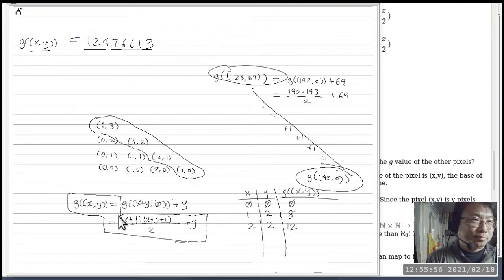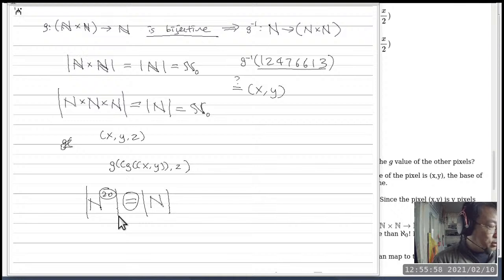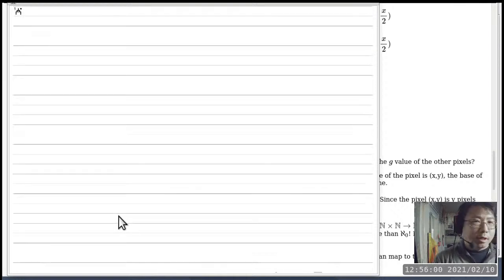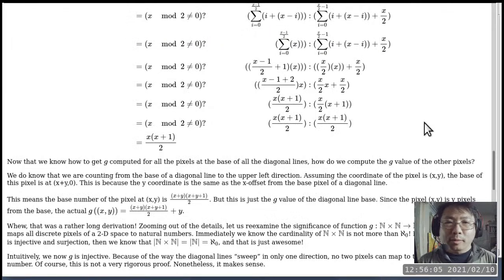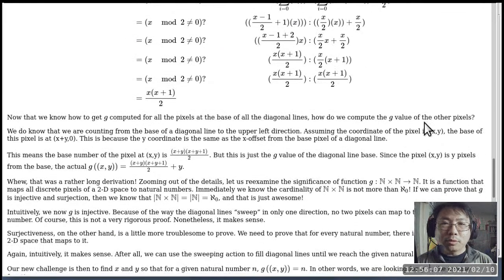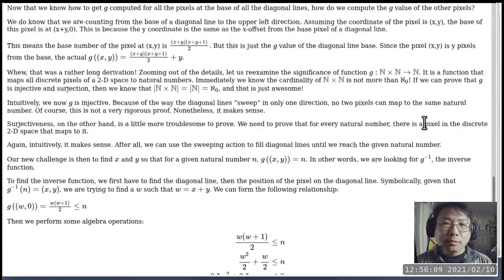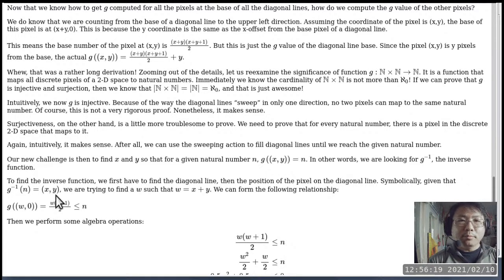Now we're trying to find the closed form of G inverse. When we try to derive that, we are basically looking at an inequality, and we basically start with the base again. That reasoning is all contained here.